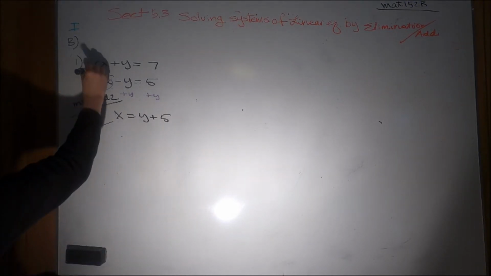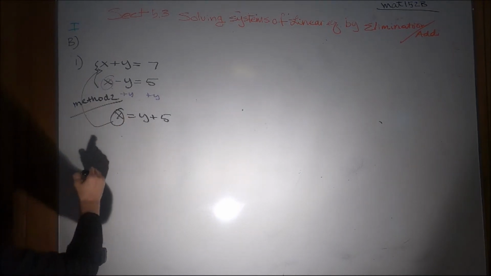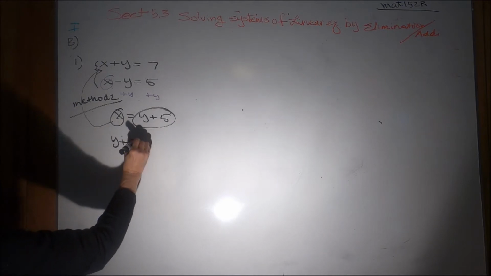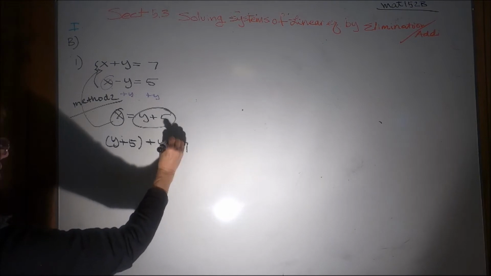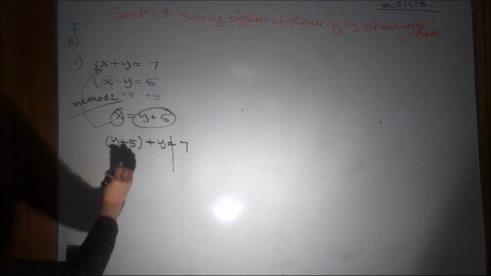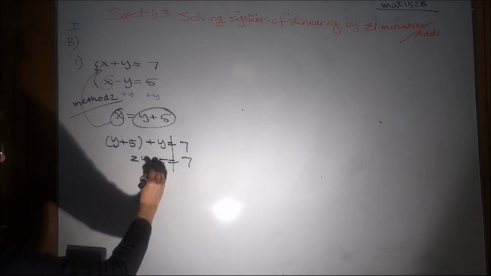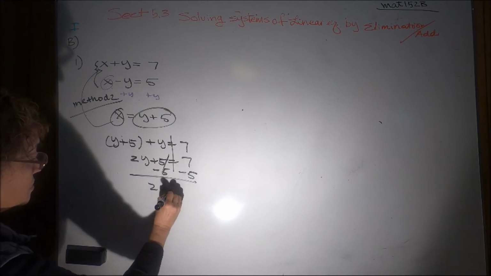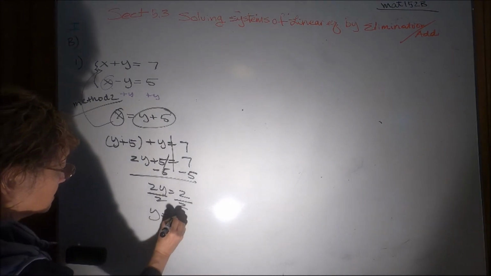Then I'm going to substitute into the first one, for x place, so I will have what? y plus 5, right? Then plus another y equals 7. Then we solve it. 2y plus 5 equals 7, minus 5. 2y is 2, right? Then divided by 2, y is 1.